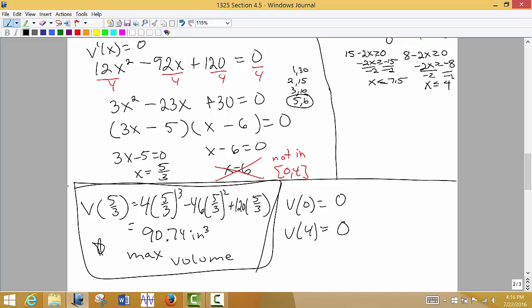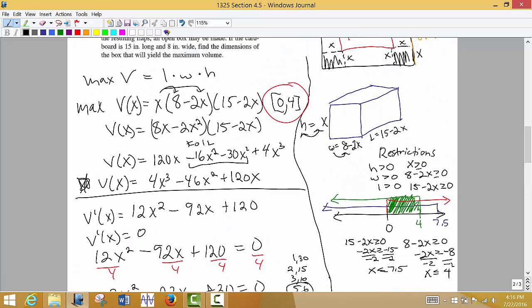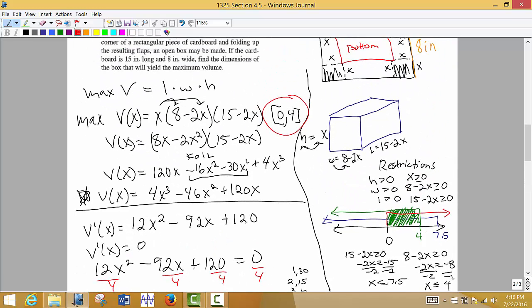What would the length, the width, and the height of the box be? Let's check that out. If x is 5/3, what are the other dimensions? The width is 8 minus 2 times 5/3, which is 8 minus 10/3.